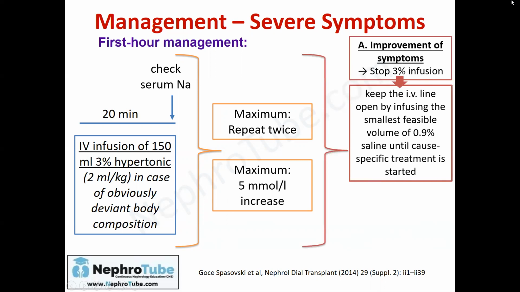If there is improvement of the symptoms, you have to stop the 3% infusion, but you can keep the intravenous line open by infusing the smallest feasible volume of normal saline until cause-specific treatment is started.